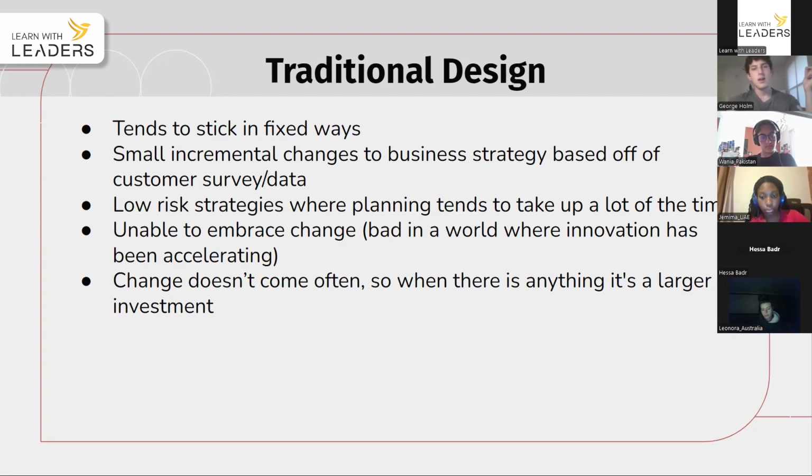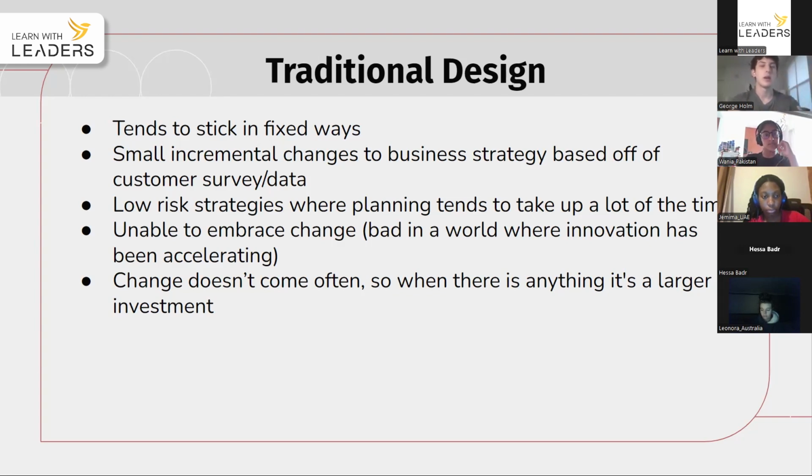So some of the pitfalls with traditional design is that it tends to stick to fixed ways. What I mean by that is small incremental changes to business strategy based off of surveying customer data, compiling it, strategizing it, just trying to move your business, or whatever product you're trying to make, in a very slow and safe way.